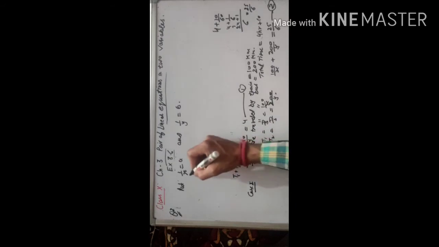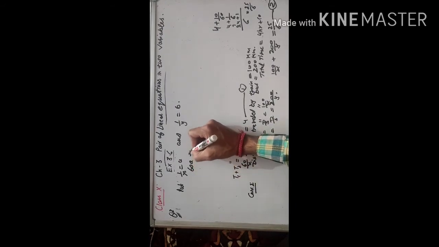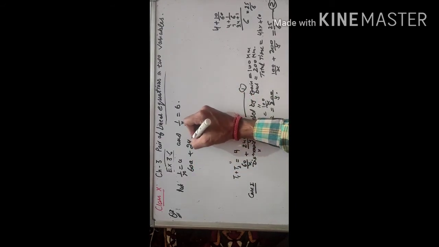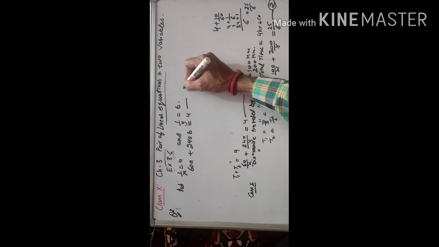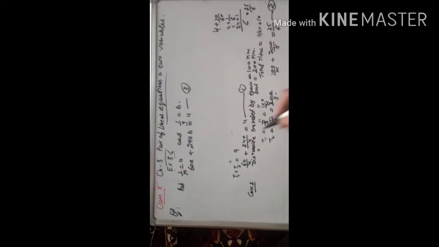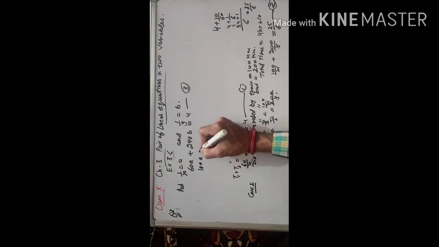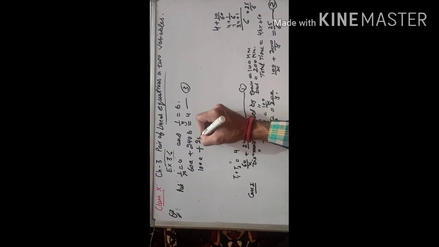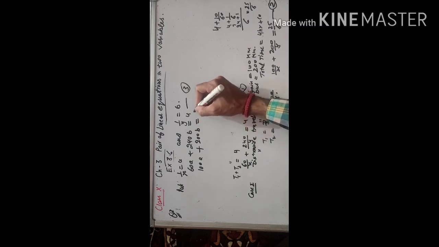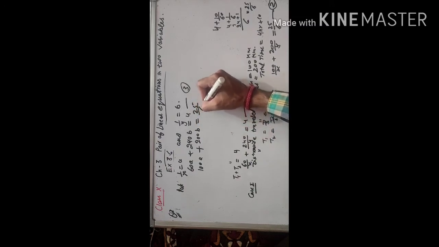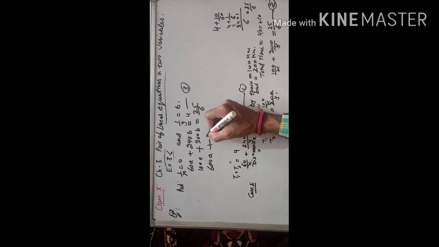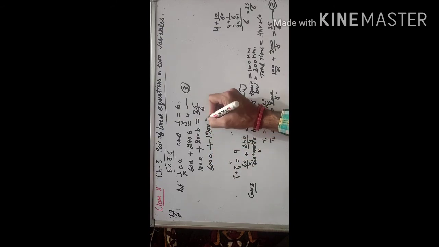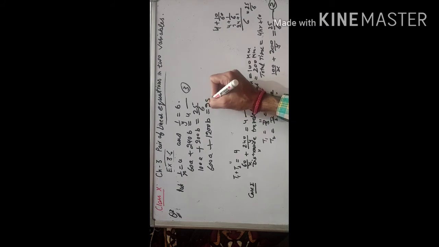Now the first equation becomes 60a plus 240b is equal to 4, that is the third equation, and 100a plus 200b is equal to 25 by 6, that becomes 600a plus 1200b is equal to 25. This is our fourth equation.